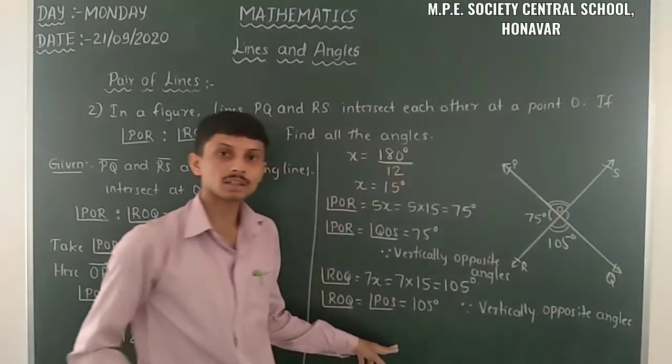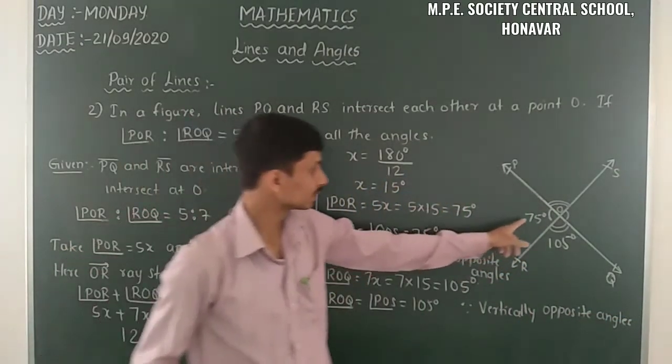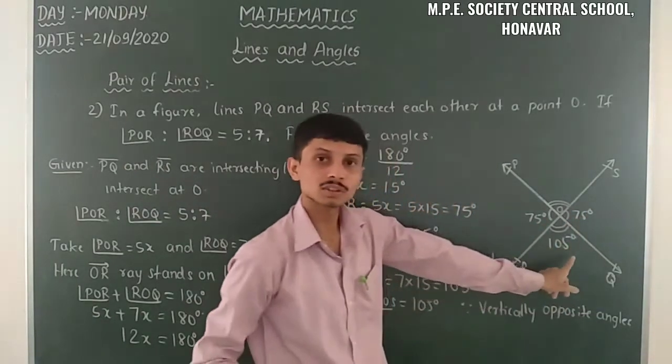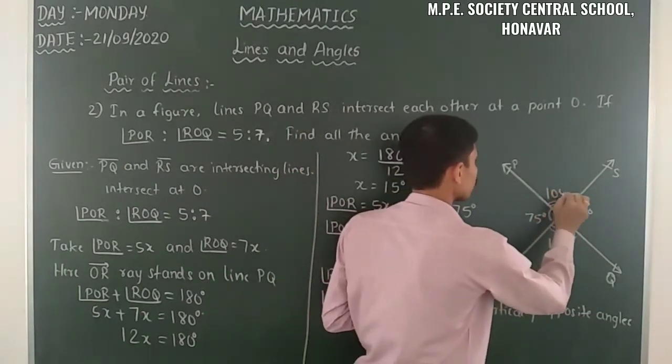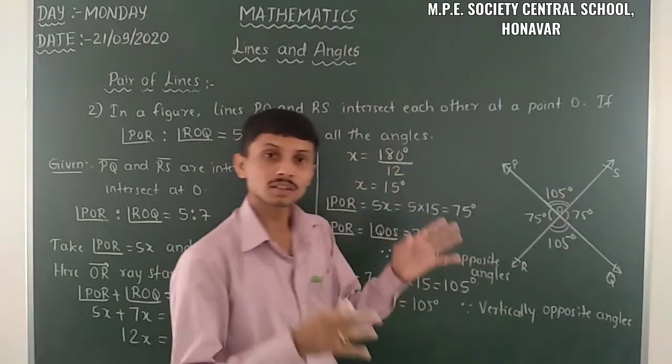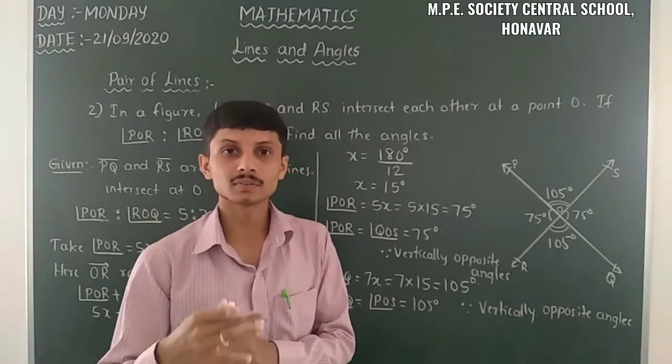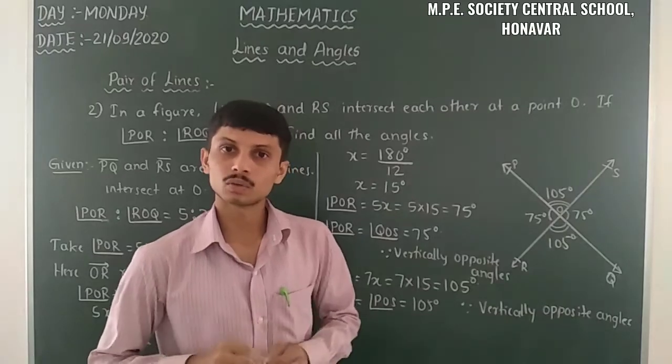Here we found all the values of the angles: here it is 75 degree, so here it is also 75 degree; here it is 105 degree, so here it is also 105 degree, because when two lines intersect each other, vertically opposite angles are equal.